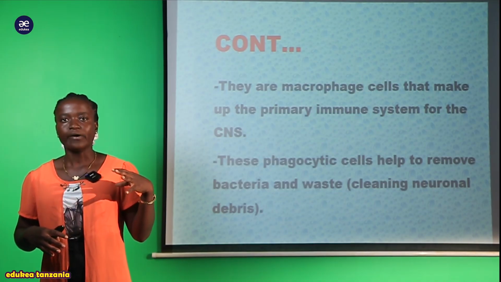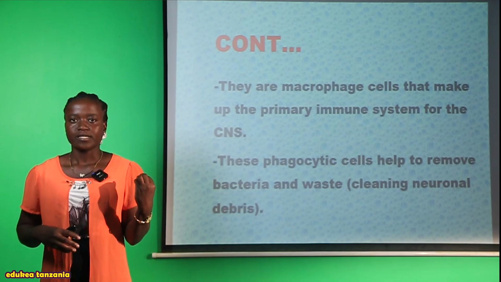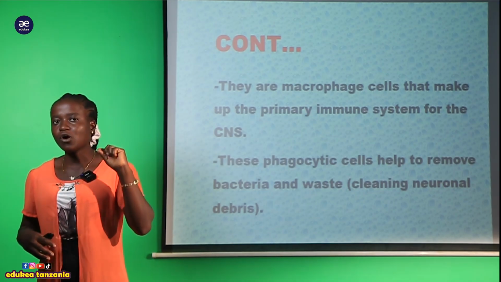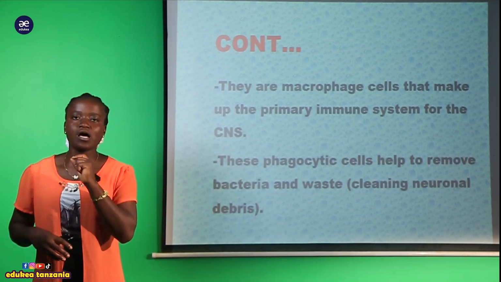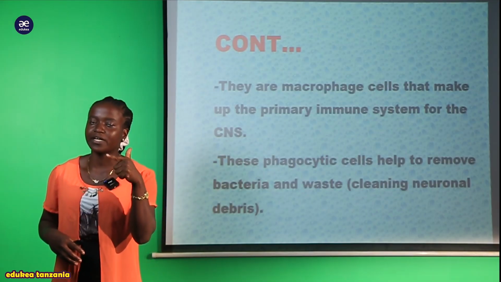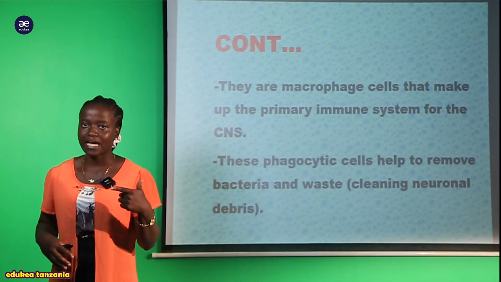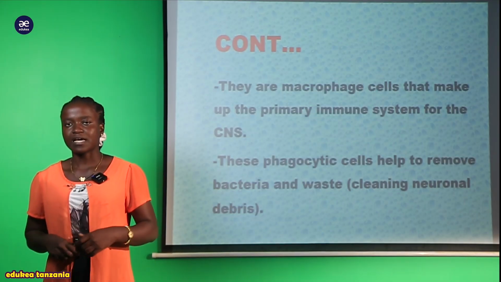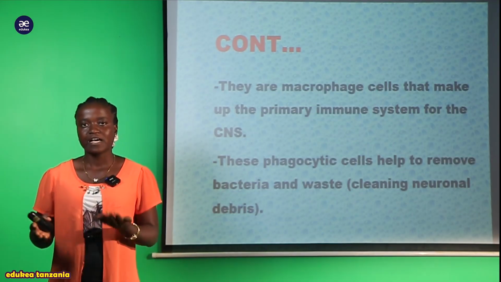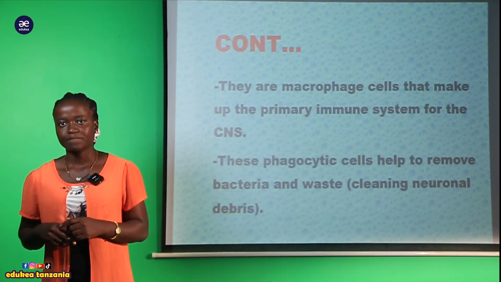Kabla hujaingia, kuna hii ambayo tunaita microglia ina engulf, ina kill all of the waste and all of the bacteria or virus that can enter through the central nervous system. So this microglia will fight upon it, thereafter will kill, and thereafter the transmission of the impulse can go smoothly.